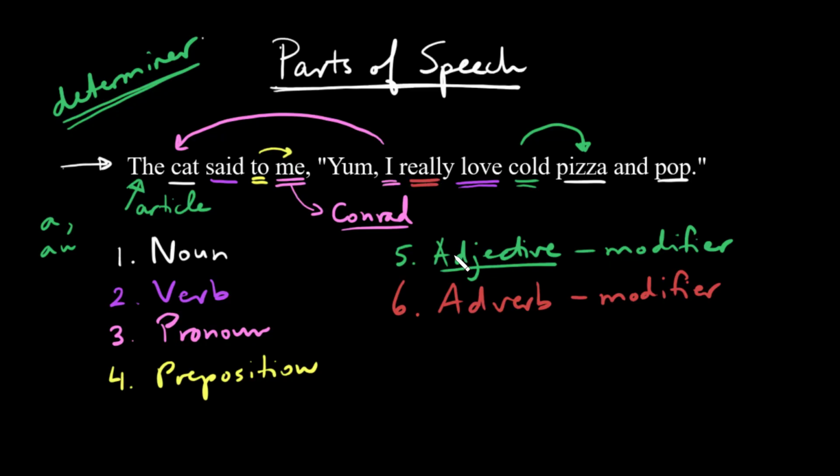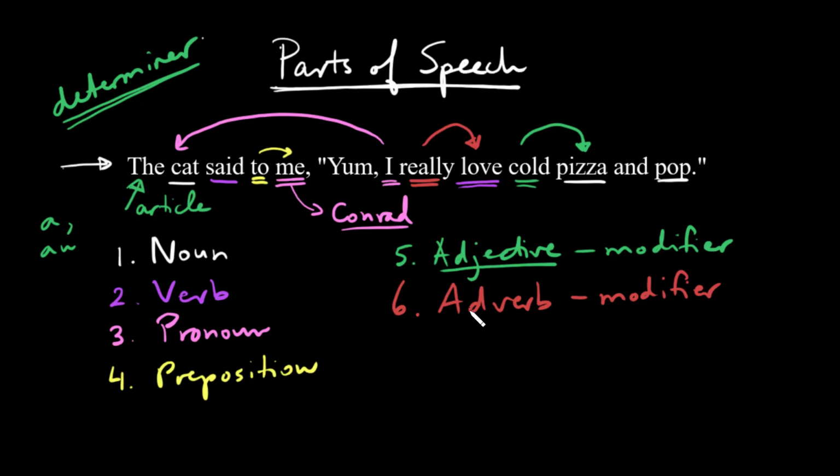So really is our adverb, and it's telling you something about the loving. How much do I love? I really love, right? So it's changing the meaning of love. But adverbs can do much more than just modify verbs. They can modify verbals and other adjectives and other adverbs and so on. So there's a long list of things that adverbs can modify.